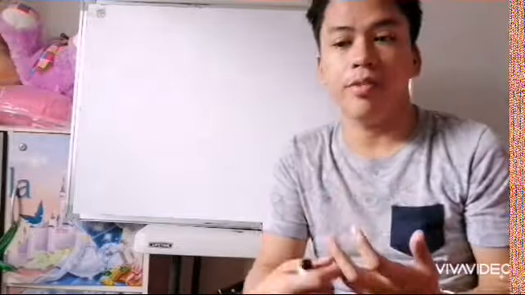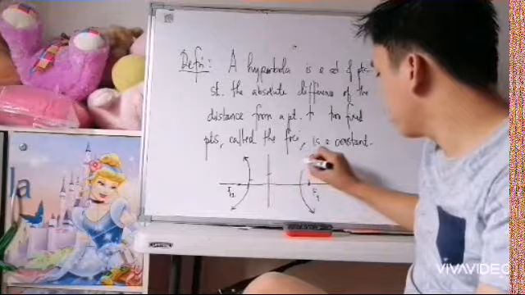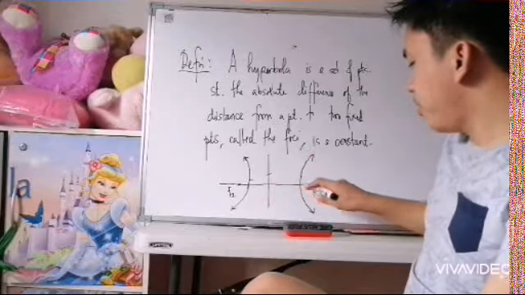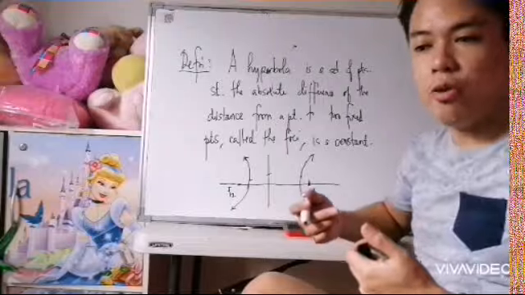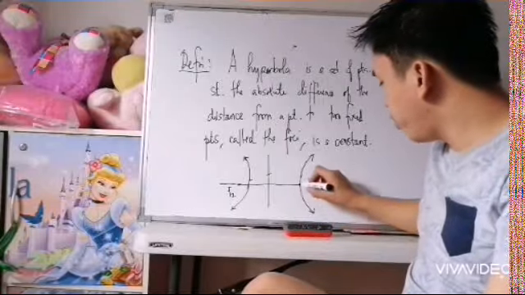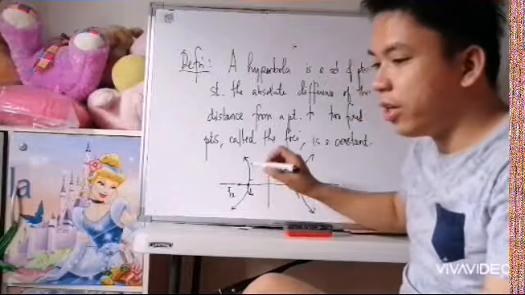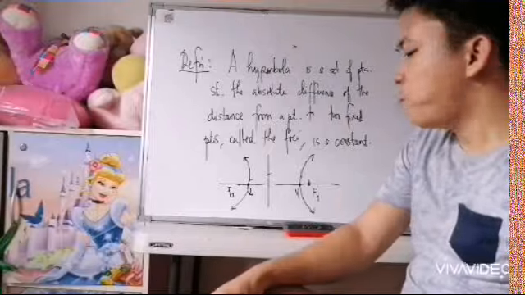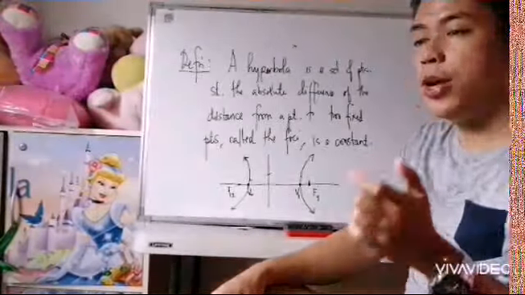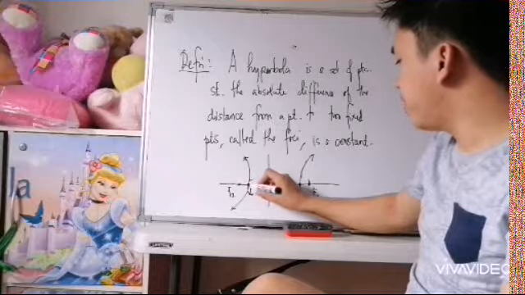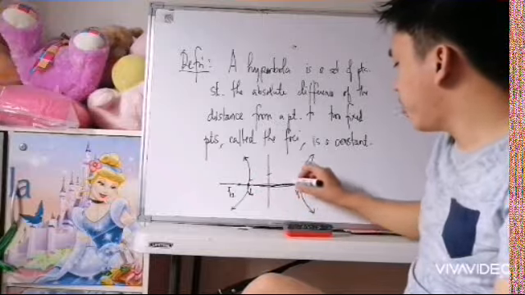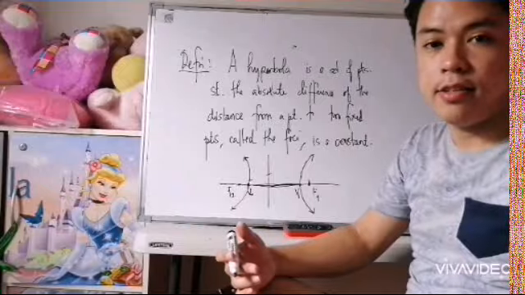So if we would like to consider this figure here, I'll erase this first. These two points are the foci. The points here are the vertices, vertex 1 and vertex 2. Now, an imaginary line segment connecting the two vertices is what we call the major axis.